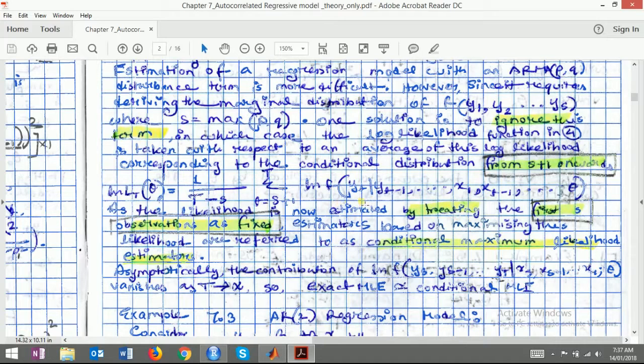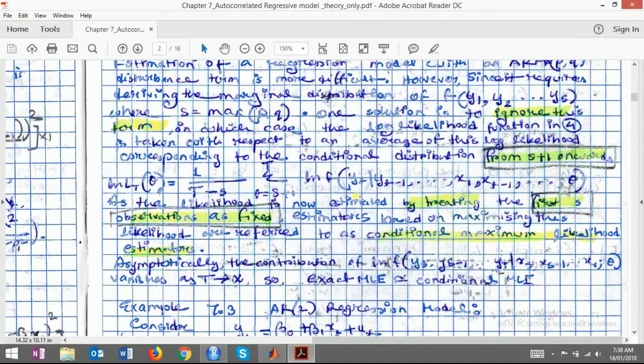The log likelihood function of yt is conditional upon the lags of y, x, and the lags of x for all parameters. As the likelihood now is estimated by treating the first S observations as fixed, estimators based on maximizing this likelihood are referred to as conditional maximum likelihood estimators.